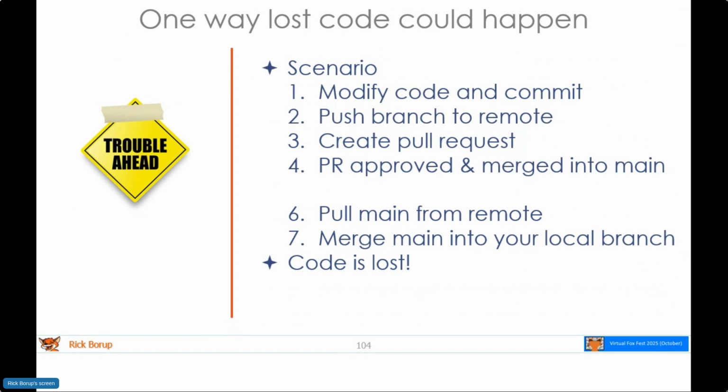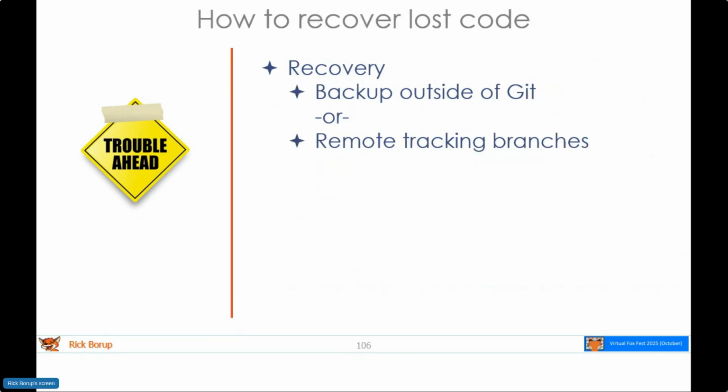And suddenly you look at your local branch and your code is lost because, unknown to you, step 5 happened. The merge that included your pull request got reverted on the remote before you pulled. You didn't know that. So you went about things in the standard operating procedure, but you find out your code is lost. Well, if you have that backup outside of Git, that's one way to get it back.